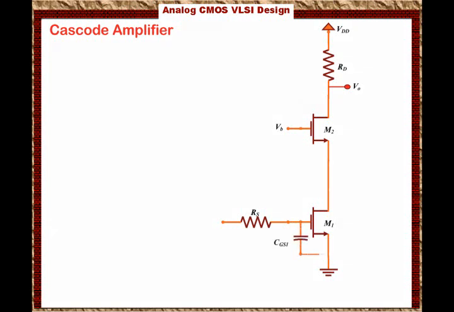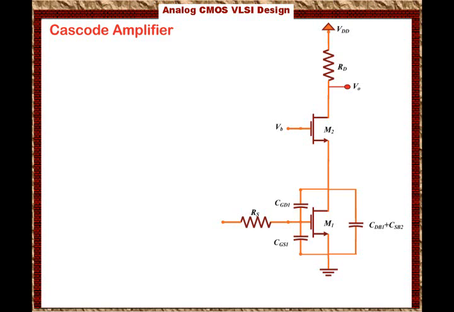For transistor 1, we have CGS1, which is connected from the gate to the source, and CGD1, which is connected from the gate to the drain, and we have two, watch out here, we have two capacitors connected from the drain to ground. We have CDB1 because the body is always grounded, and then we also have CSB2 because there is a capacitance from the source to the body, always ground.